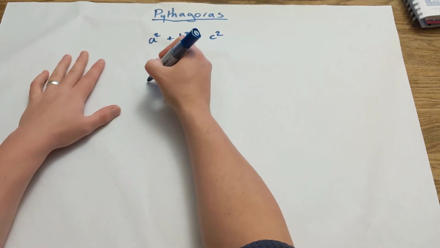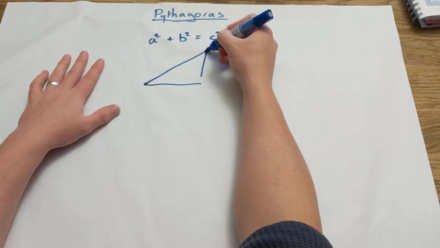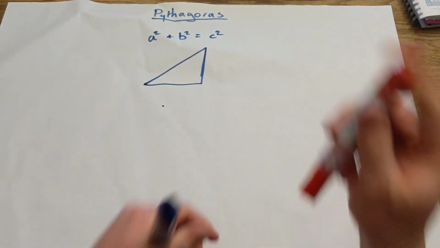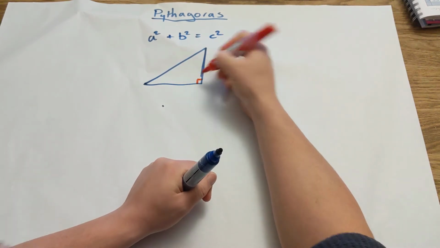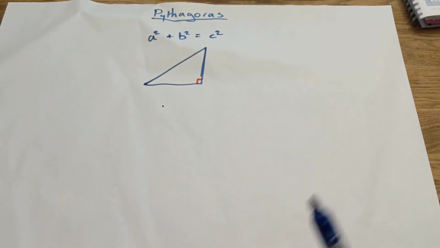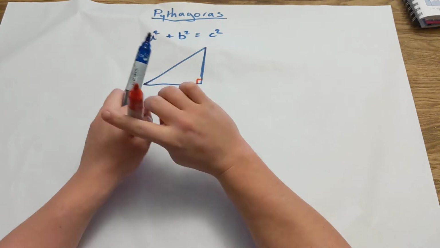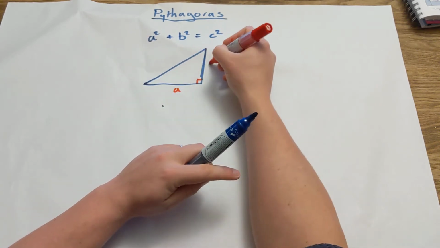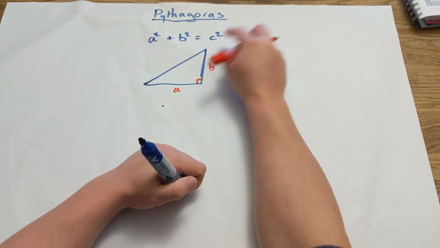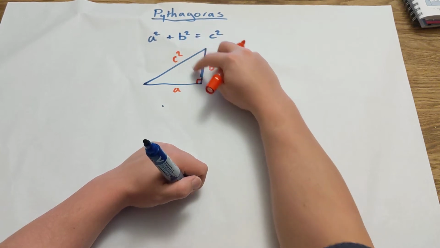Because if we draw a right-angled triangle underneath it, I know it doesn't look like a right-angled triangle, but if I put this little mark here, that makes it clear it is. Remember, this mark means it's a right-angled triangle. It doesn't matter which of these is A and B. We could have this as A and this as B. But C is the hypotenuse, and that's always the side opposite the right angle.